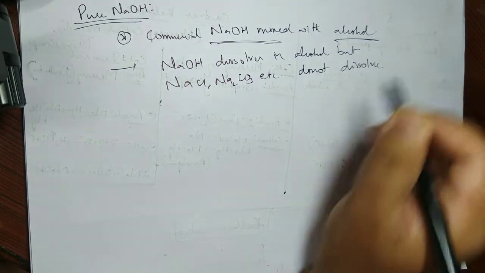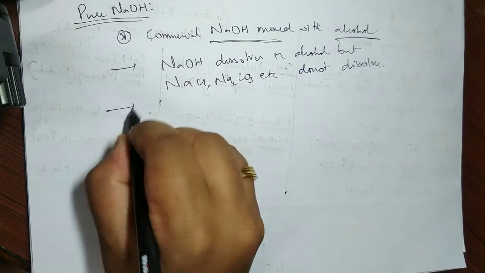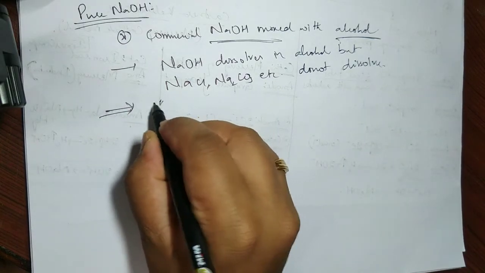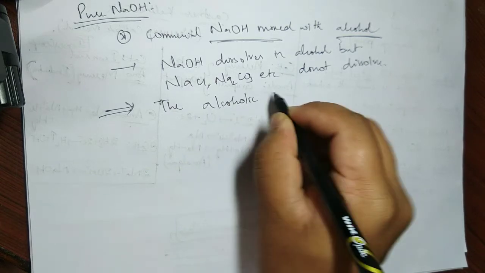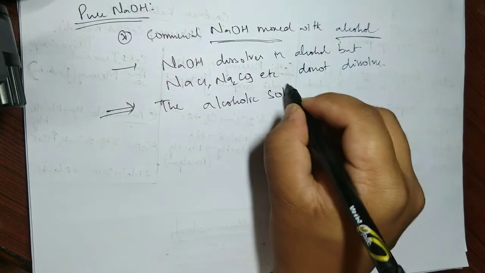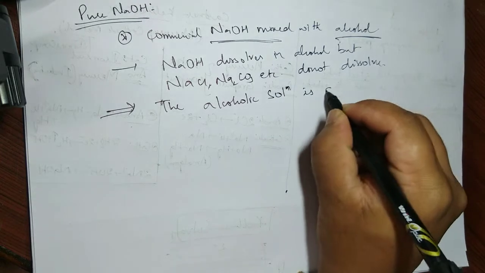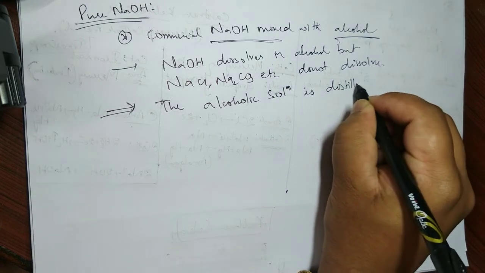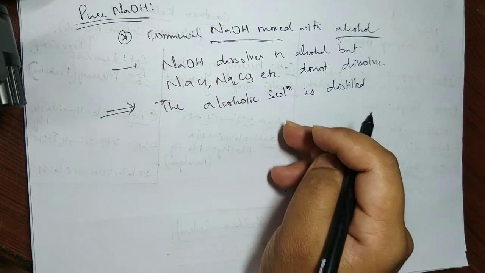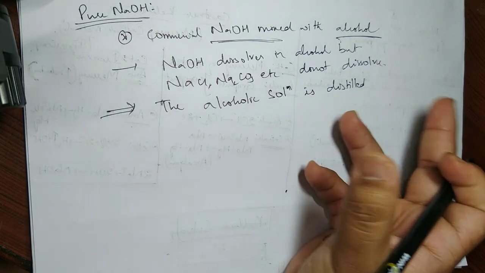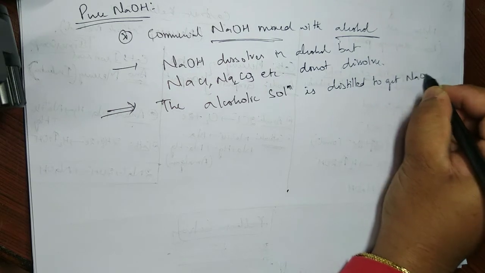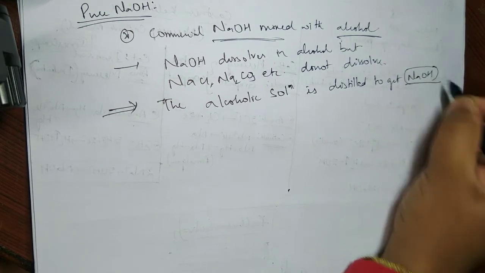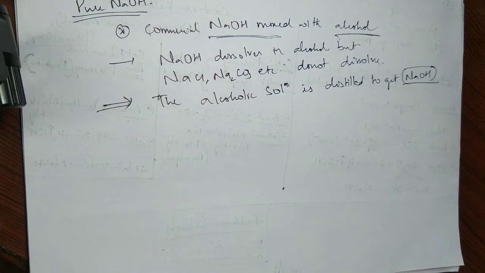in alcohol. So what I get is an alcoholic solution, and the alcoholic solution obtained from the above mixture is distilled. Alcohol can be easily distilled, and we get the pure NaOH, the solid NaOH.